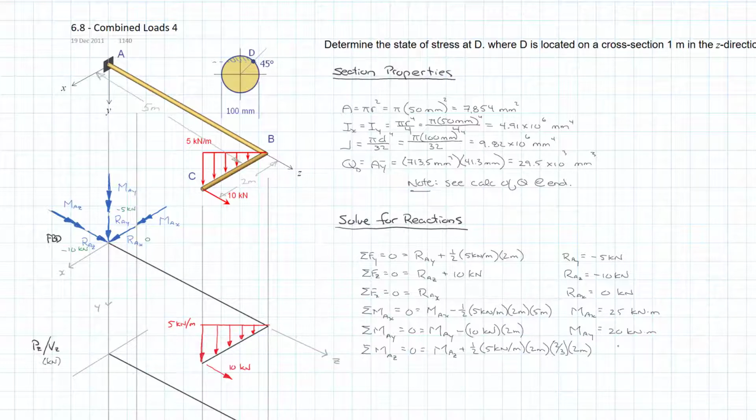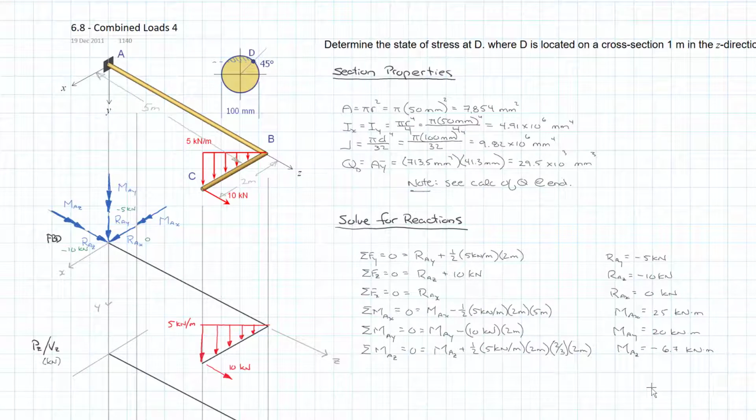And that gives us an MAZ is equal to negative 6.7 kilonewton meters.